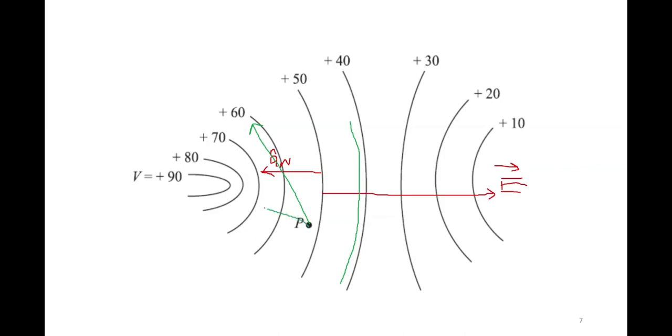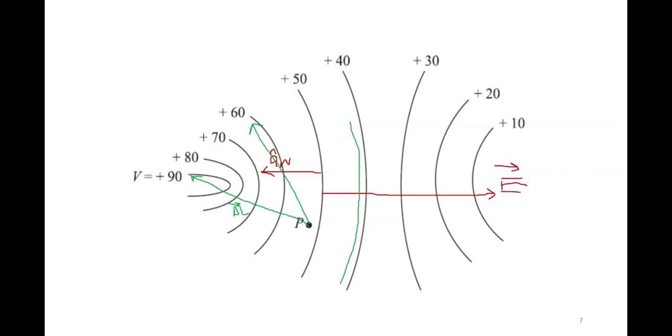Now let us consider this path, and along this path we can get maximum variation in potential with respect to length delta L. For instance, this is length L. So along this path we can get maximum variation in potential with respect to space, and also the electric field is anti-parallel to this variation.